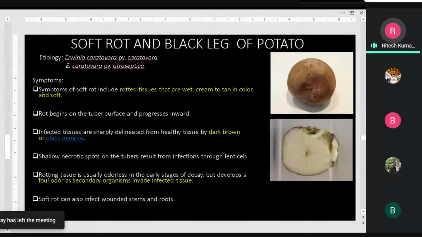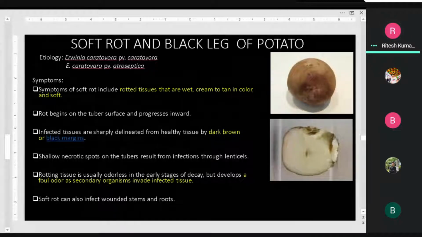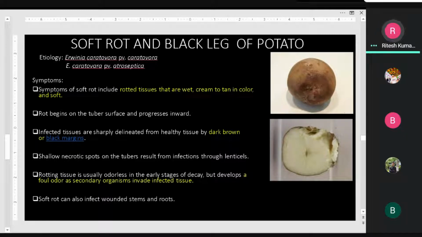So in your potatoes at home during storage, many cases of soft rot come, right? You know about soft rot. After it rots, the potato stinks. That is due to Erwinia carotovora. So soft rot includes some kind of rotting. Generally they are wet, and internal tissue is damaged. They emit a very foul odor, and they are sharply delineated by a dark brown margin.